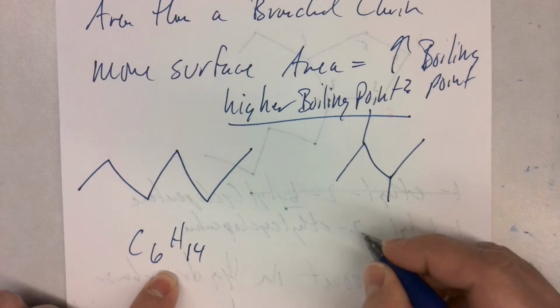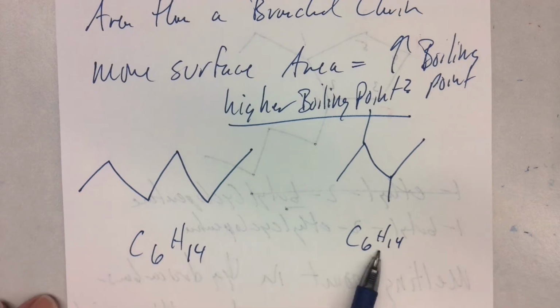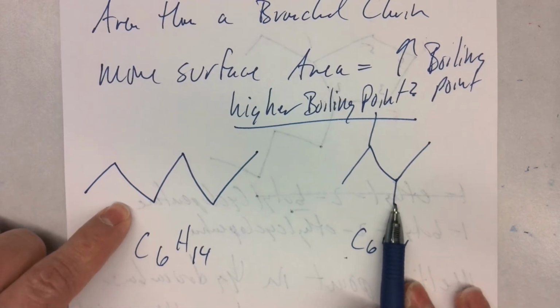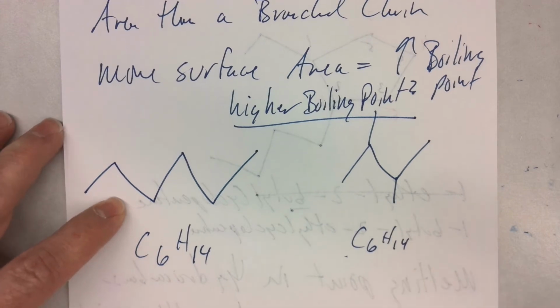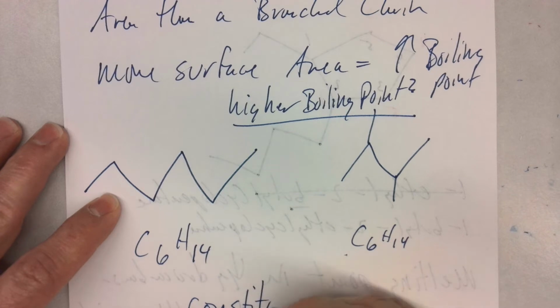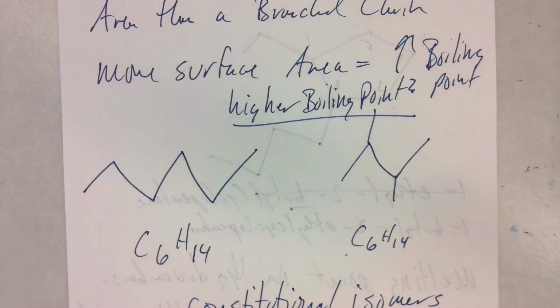Also 14. It'd also be C6H14, right? Now, because they have the same formula, what does that make those two items? Anybody remember what I call them? Constitutional isomers. Yeah, so these are constitutional isomers.